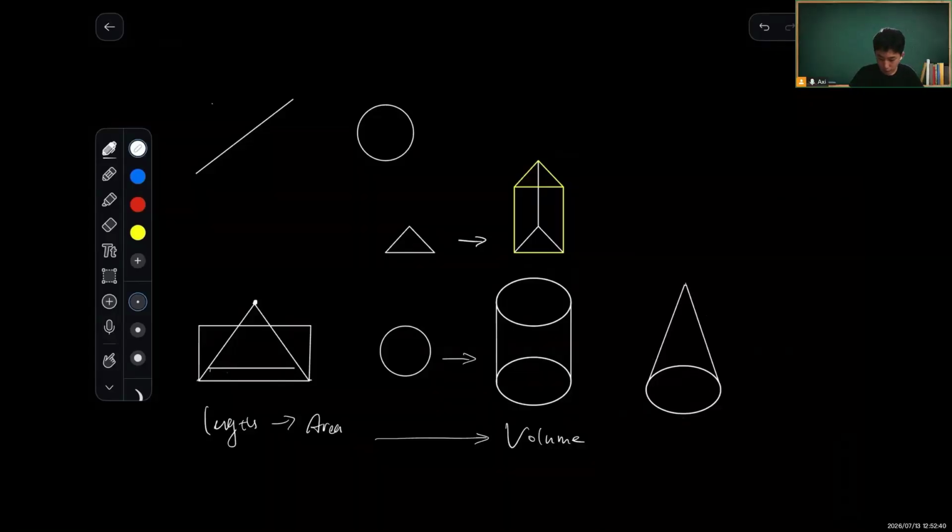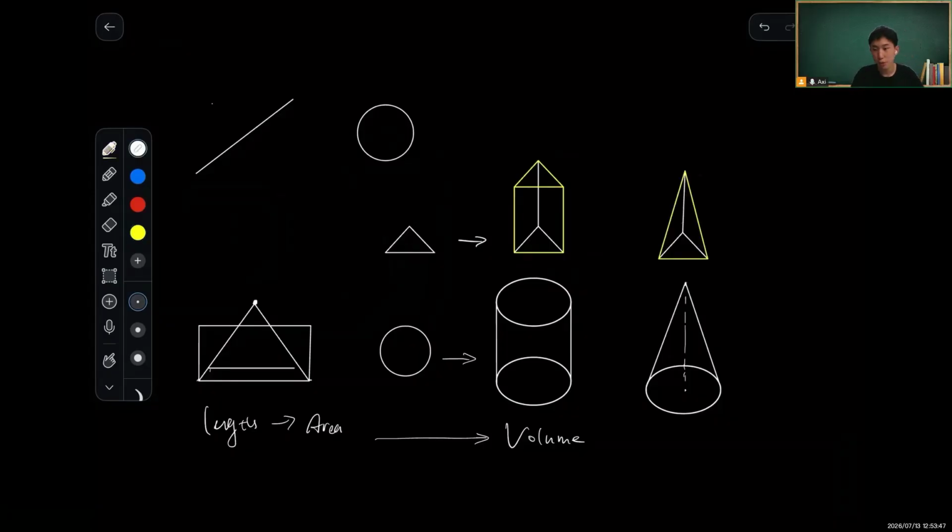We select a point, or the apex, directly above the center of the circle and then connect it. You can imagine this as taking a ray through the apex and a point on the circle and then connecting it. So this forms a new shape. Similarly, you can do the same thing for triangles, like this.